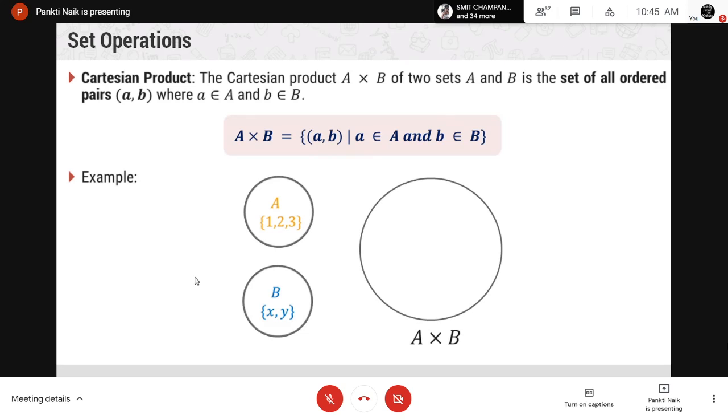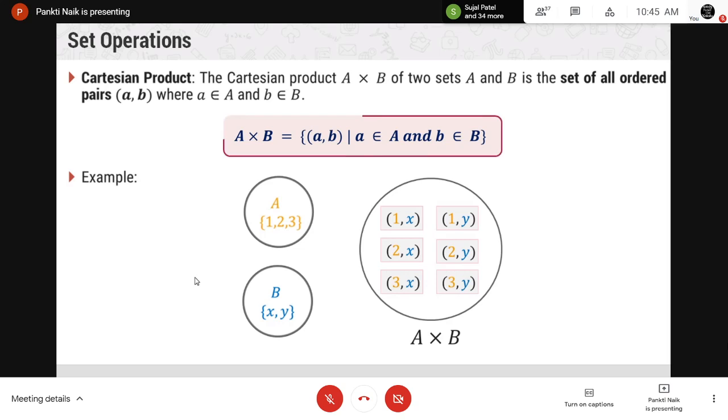A equals 1, 2, 3 and B equals x, y. So A cross B equals (1, x), (1, y), (2, x), (2, y), (3, x), (3, y). So this is known as the Cartesian product of two sets.